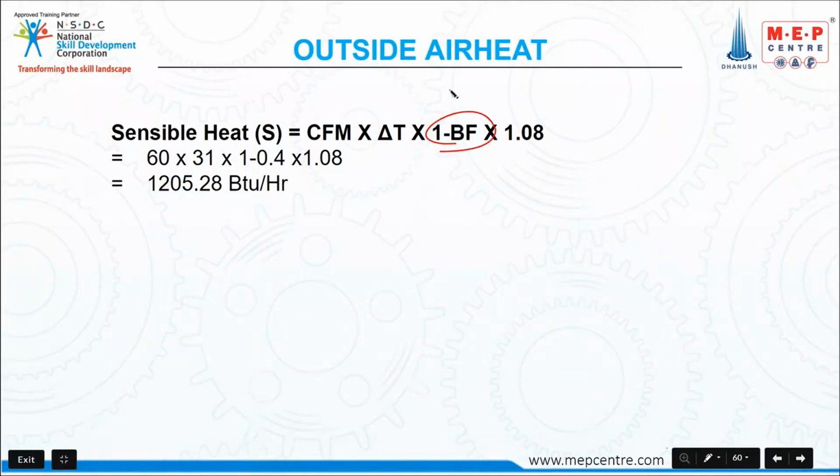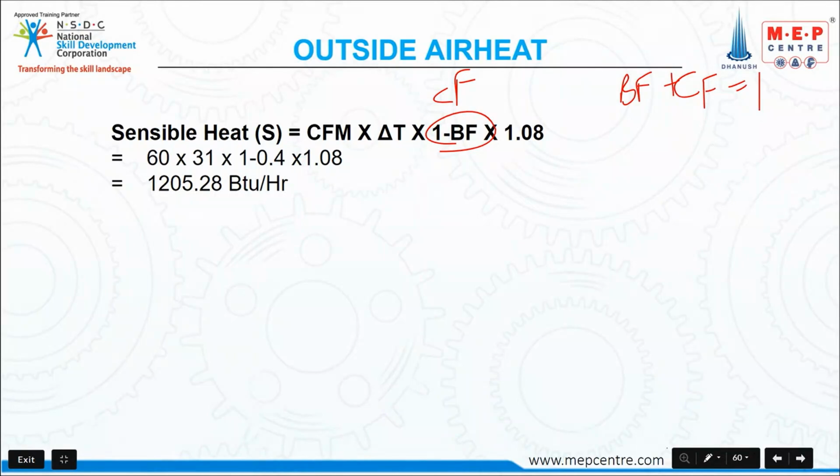This is called the contact factor, CF. Bypass factor plus contact factor is equal to 1. Therefore, contact factor equals 1 minus bypass factor.